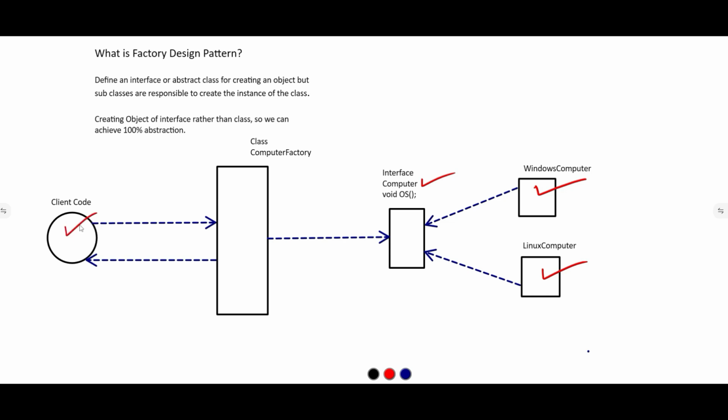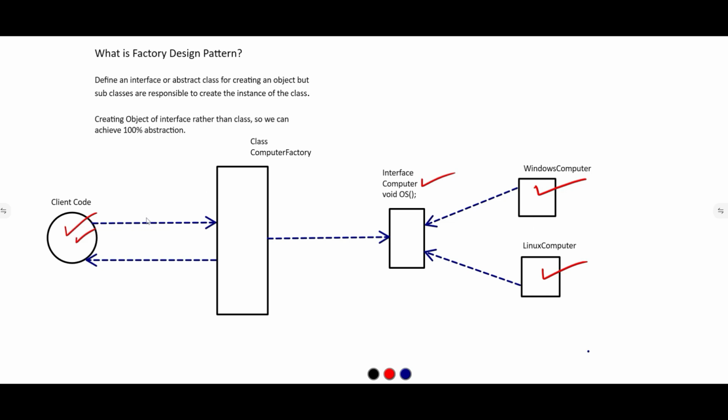Basically here we are writing the code. It's accessing the object of Windows computer and Linux computer. But how will we create the object of these two classes here in this client code? Let's see in the coding how basically the objects are getting created here in the client code.